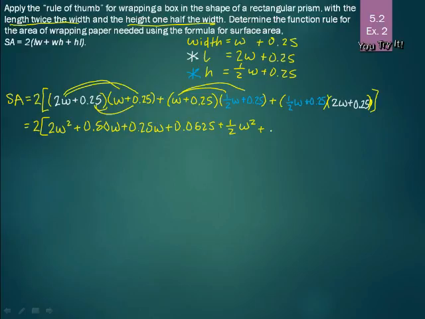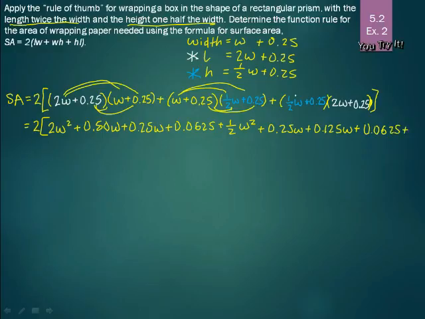Continuing, W times 1/2 W is 1/2 W squared. W times 25 hundredths is 25 hundredths W. 25 hundredths times 1/2 W is 125 thousandths W. And again, 25 hundredths times 25 hundredths is 625 ten thousandths.